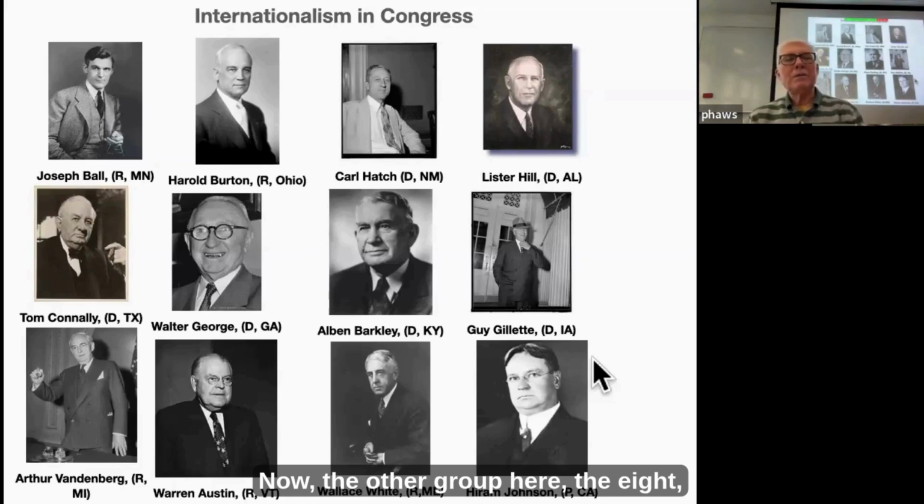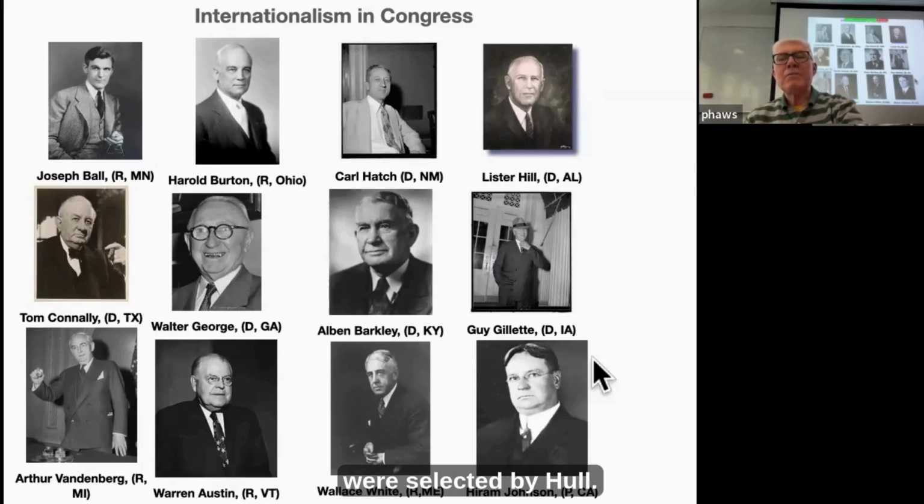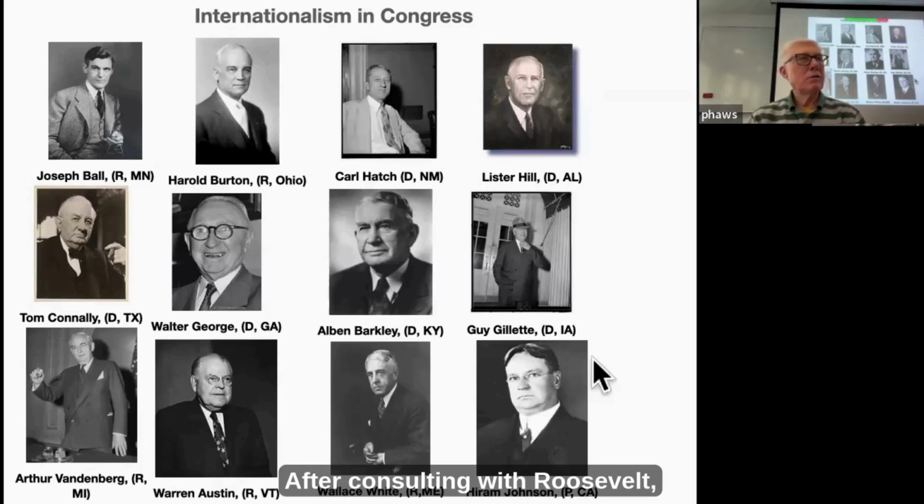Now, the other group here, the B2H2, is a committee of senators that the Secretary of State, Cordell Hull, put together to help push through different elements of the various proposals dealing with internationalism in the Senate. Now, these eight men were selected by Hull after consulting with Roosevelt.